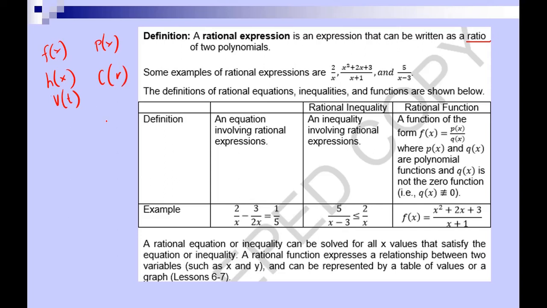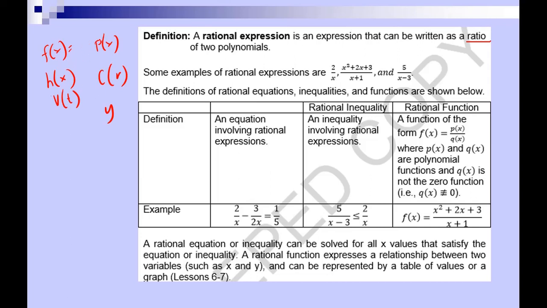Those are functions. So you can determine it first, right? F of x is equal to, and after the equal sign an expression is placed. So an expression is the ratio of two polynomials.